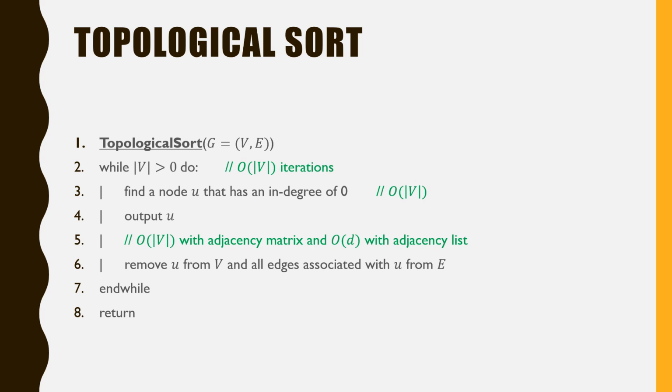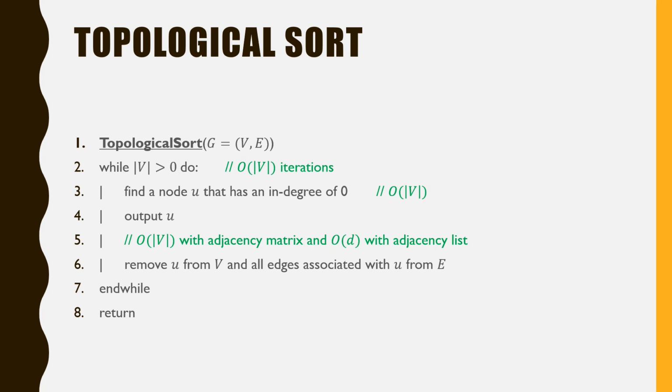In line 6, we remove U and all its associated edges from the graph. When using an adjacency matrix, node removal takes O(V) time. When using an adjacency list, node removal takes O(D) time, where D is the average node degree of the DAG.